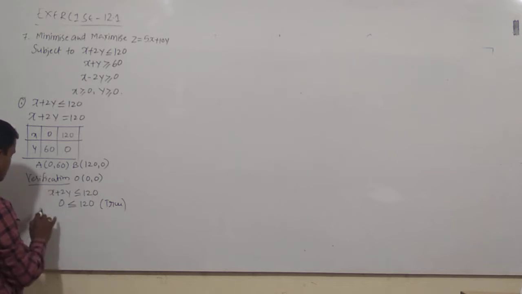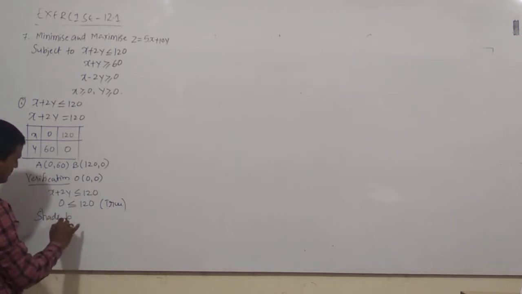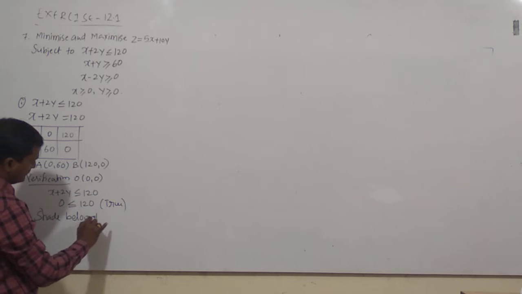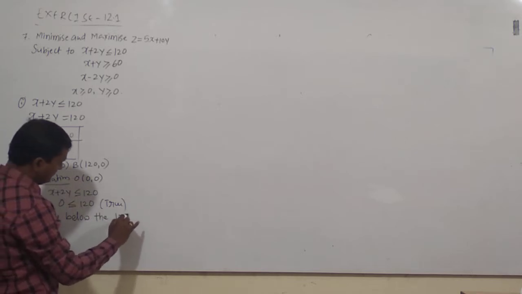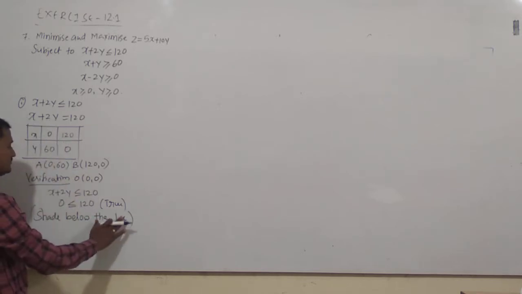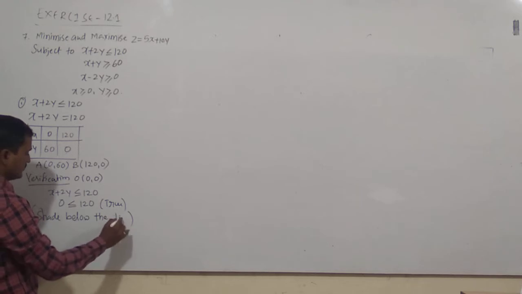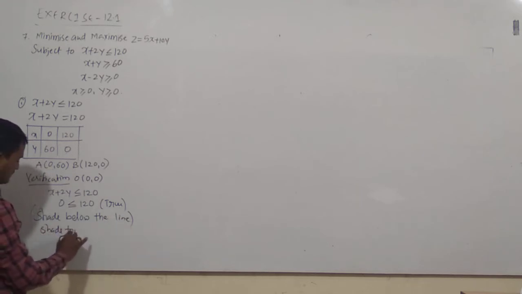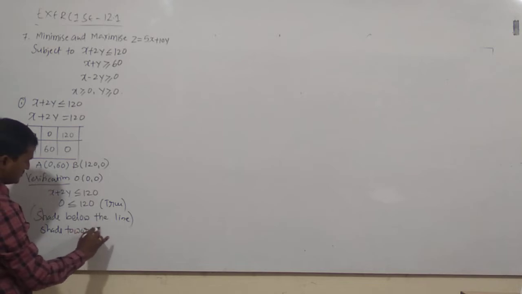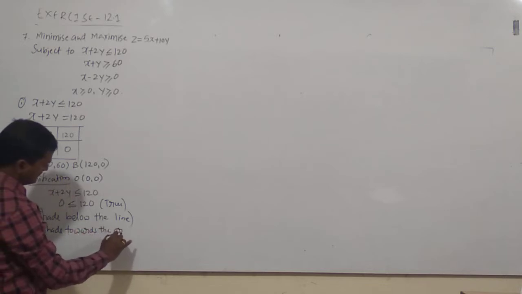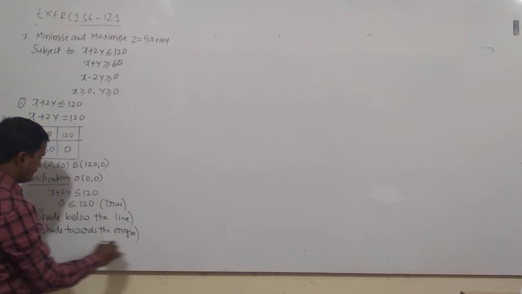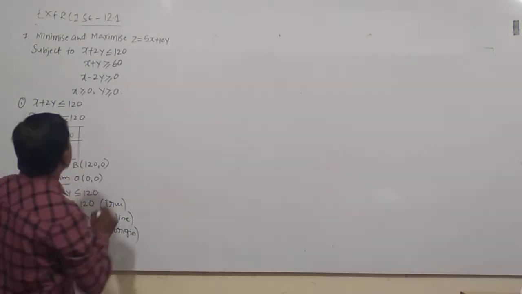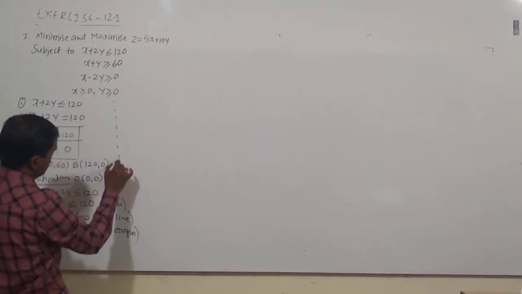If it is true, shade below the line, or towards the origin, both are the same. So the first one is over. Okay, right. Now we'll go to the second one.